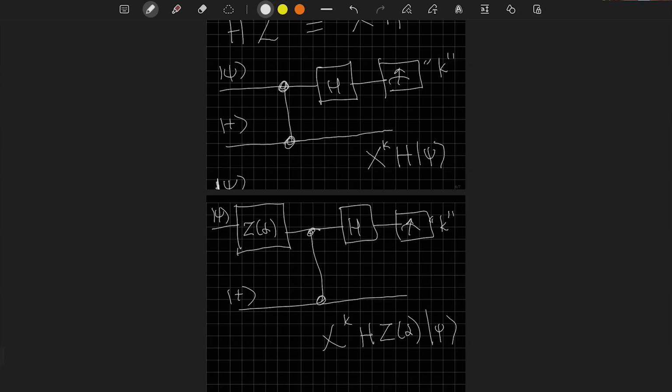So far, so good. Now the point is that this is a controlled phase gate. Can I move this Z gate across the controlled phase gate? How will I be able to tell whether I can move gates around? Right, so I need to know the commutator of this gate with the controlled phase gate.